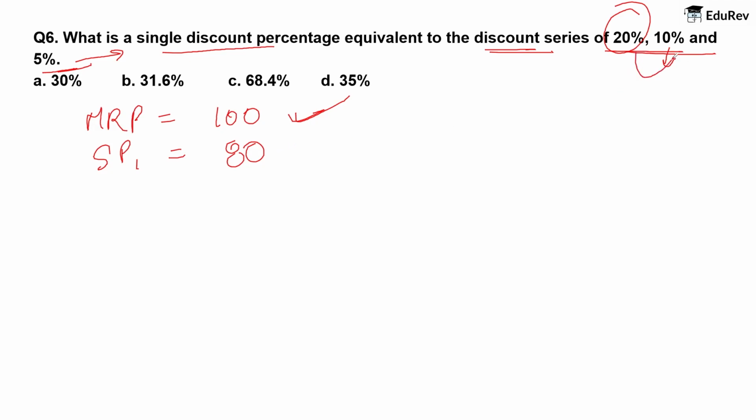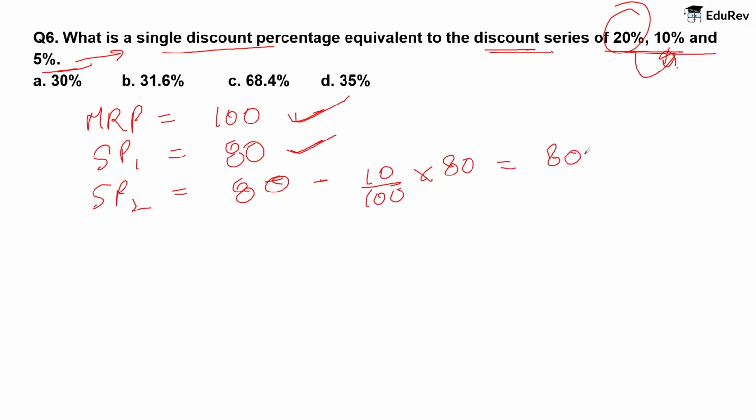After that, additional 10% discount is given, but this 10% is now not on the original MRP. This is on the new selling price, that is 80. So now the new SP will be nothing but 80 minus 10% of 80, which we know will be 80 minus 8, that is 72. So the new discounted price is 72.